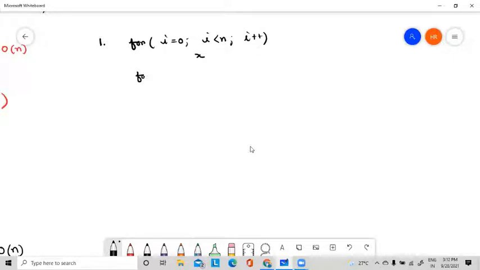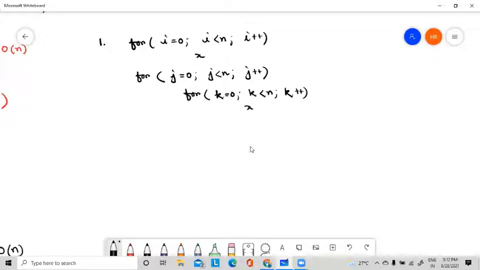Then after this, there is another for loop where I have used j equal to 0, j less than n, j plus plus. Then there is another nested for loop inside this, k equal to 0, k less than n, k plus plus, and inside this I am performing some operation. Then you have to calculate the time complexity of this algorithm. Okay.